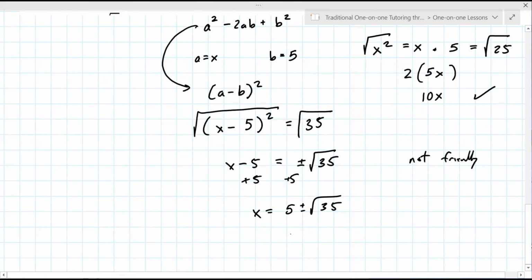And that's really two things. It's 5 plus the square root of 35, and it's 5 minus the square root of 35.